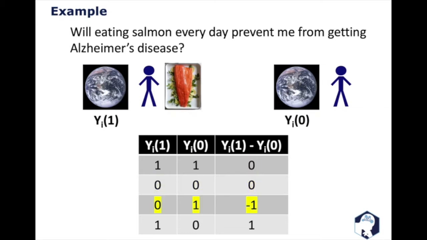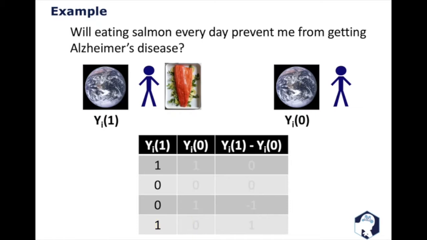In row 3, if I eat salmon, I don't get the disease, and if I don't eat it, then I do. So here, salmon has an advantageous causal effect where it prevents me from getting the disease. And then finally, there could be a scenario where eating salmon is actually harmful, and so in this case, if I do eat it, then I get the disease, and if not, I don't.